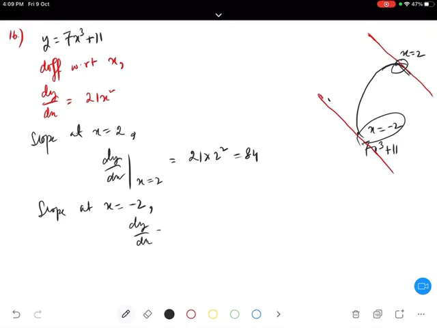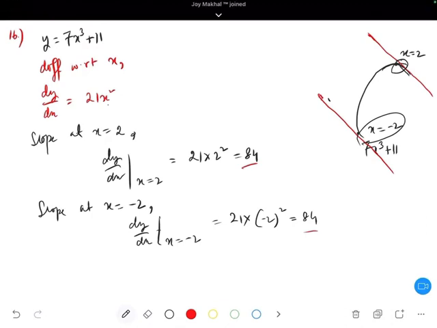Same thing, in place of x I will put minus 2. 21 into minus 2 whole square, that is also 84, right? And you see, since they are equal, we can say that the slopes of the tangents at x equal to 2 and x equal to minus 2 are parallel.